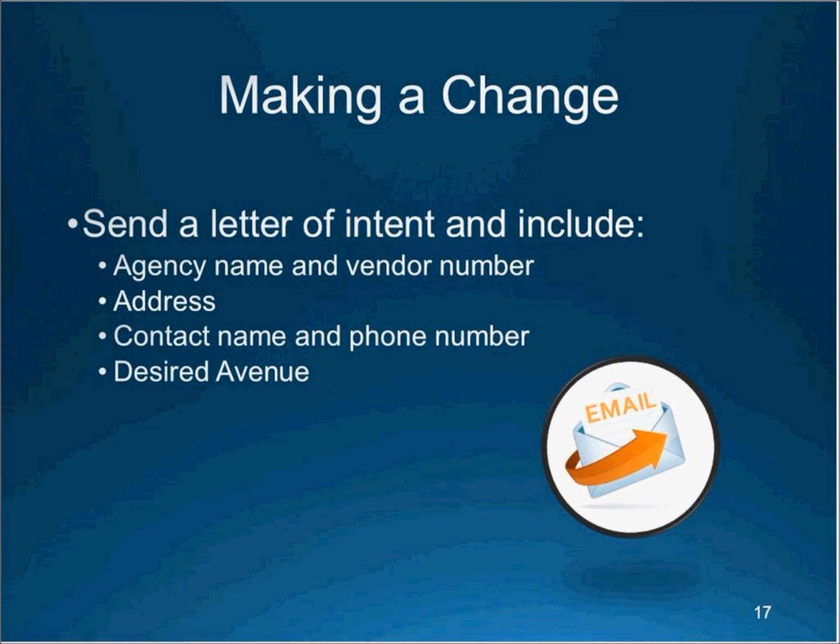This is very important because we have many districts with the same name. Address, contact name and phone number, and desired avenue. If you are moving in or out of a private co-op, it is also important to let the co-op know as well. If you are not changing your current participation method, no action is required.